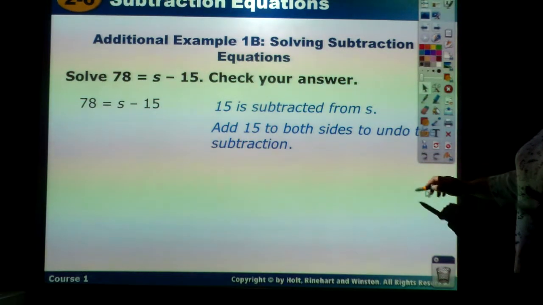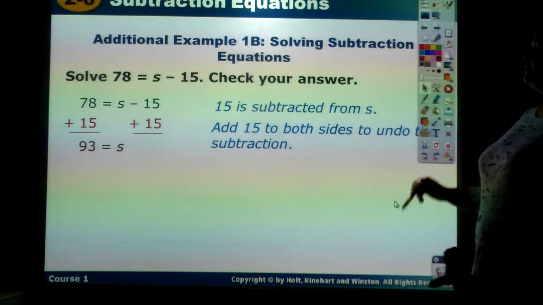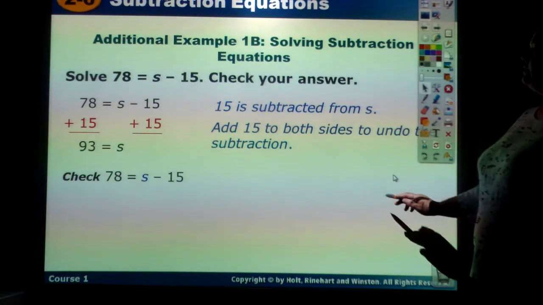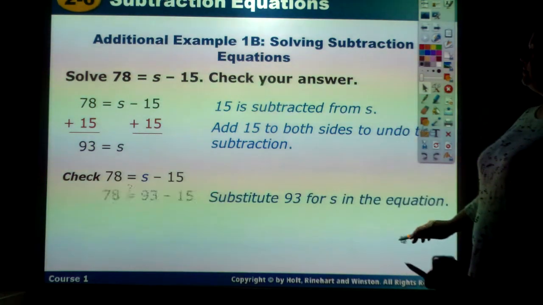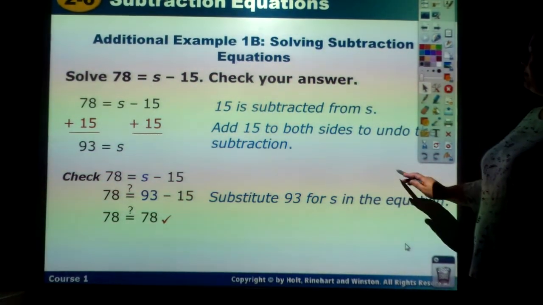Okay, this is what we just did. We added the 15 to both sides, got S equals 93, checked our answer, and it did check out.